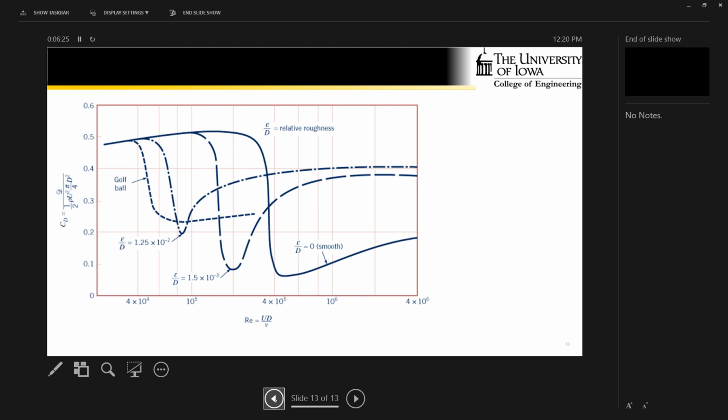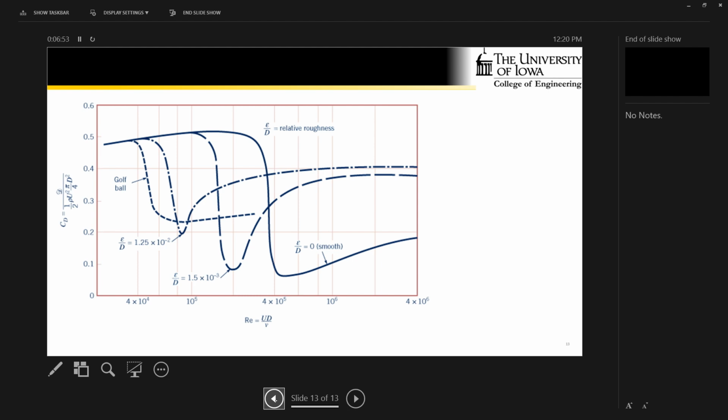And so if we consider now, here's a zoomed in portion, where here's our smooth sphere, our drag coefficient is a function around this number. We've got that same drag crisis we saw, but if we were to add some sort of dimpling, okay, with some height of epsilon, we see that we move that Reynolds number at which transition to turbulence occurs to lower and lower Reynolds numbers.